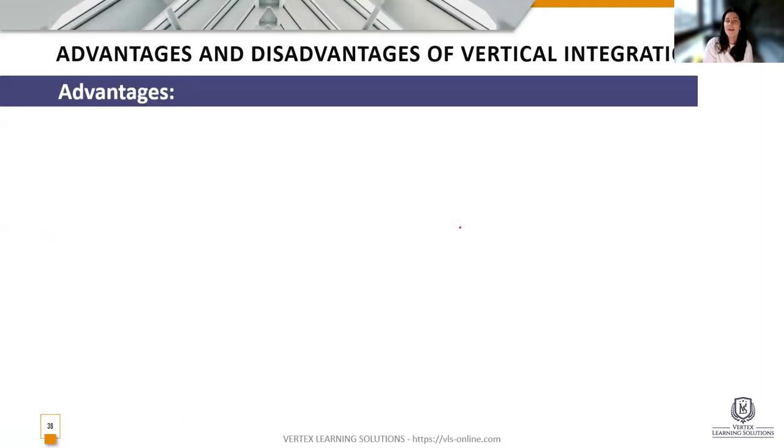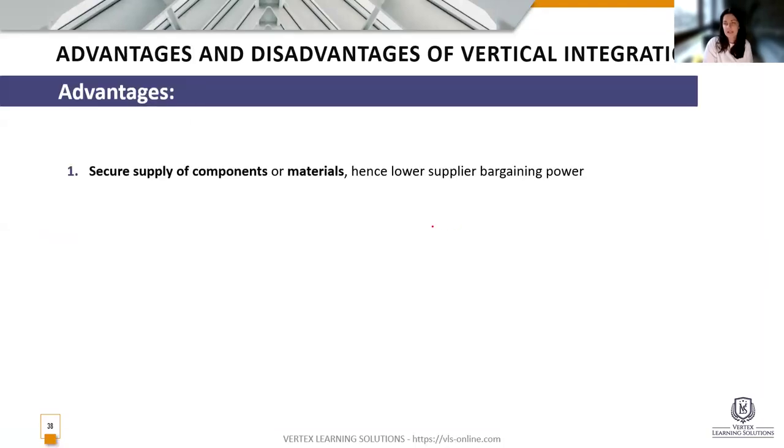And what are the advantages of this vertical integration? First of all, we would be able to secure the supply of components in terms of quantity and quality. So, for example, if we produce some posh cheeses, we will know for sure that the milk quality is indeed good.